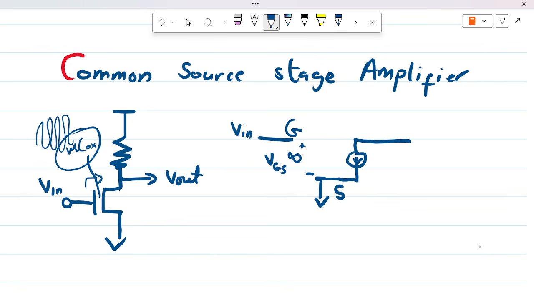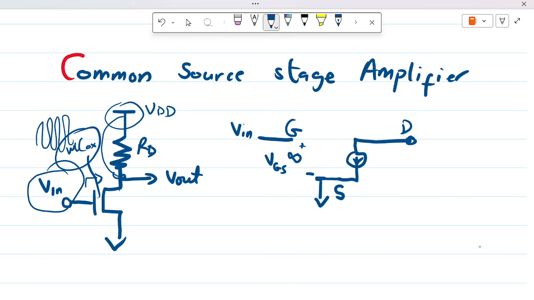Okay, so we are going to put RD here. RD goes from the drain to an AC ground. This is an AC ground because it's not changing in small signal analysis. The VDD remains constant, so any voltage source that's not changing is replaced with an AC ground.